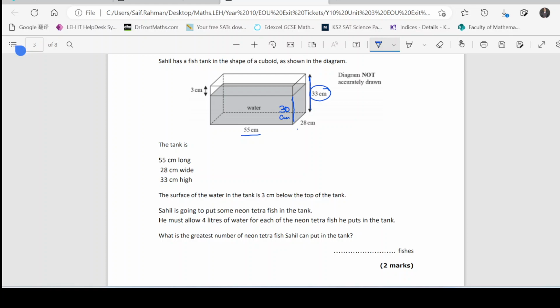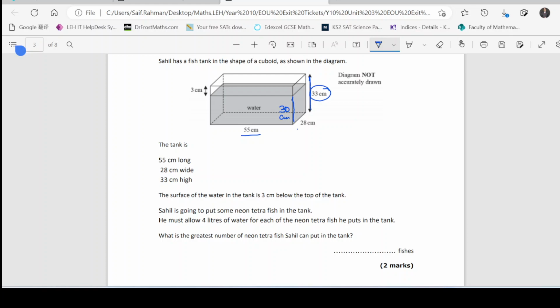So these are the three dimensions of water. It's the volume, right? So the centimeter cube is the volume, and we have to convert this into liters, because it says that 4 liters of water for each fish is needed. So one fish needs 4 liters of water, and how many fishes can we put in here?